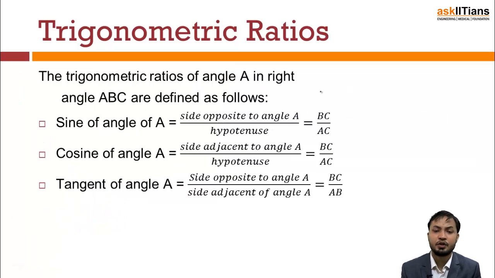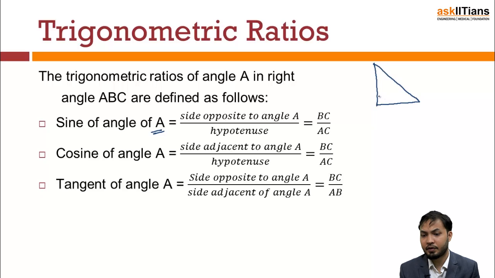When I define the trigonometric ratios, if I take the sine of that angle, remember this is my 90 degree, this is my A, this is B and this is C. So, this becomes my theta. Okay.